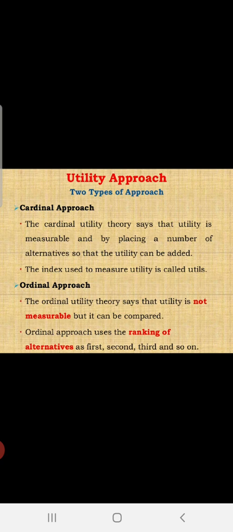But on the other hand, there is the ordinal approach, because in real life, cardinal measurement of utility is not possible, and hence Allen and Hicks explained the approach of ordinal, where the consumer declares their satisfaction by giving order, in the sense by giving sequence. So it is the ordinal approach. What is the explanation given in the slide, guys? The ordinal utility theory says that utility is not measurable, but it can be compared.